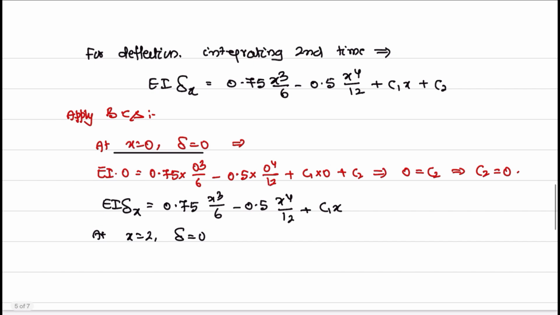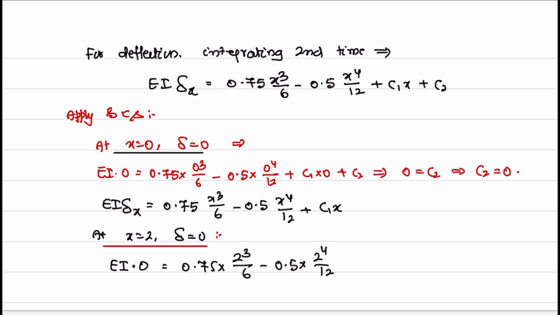That is another boundary condition to get the constant of integration. Now what happens? EI into 0 is equal to 0.75 into 2 cube by 6 minus 0.5 into 2 to the power of 4 by 12 plus C1 into 2.